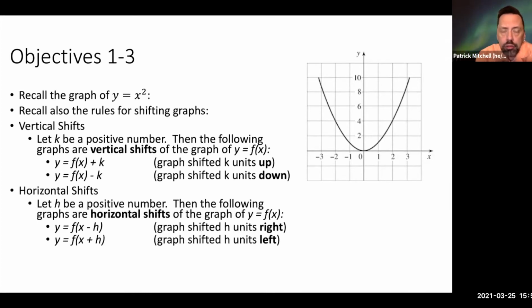And you can also shift a graph left or right by adding or subtracting a positive number right next to the x. And remember, this is the one that's a little counterintuitive. If you replace x with x minus h, it shifts the graph to the right. And if you replace x with x plus h, it shifts the graph to the left.